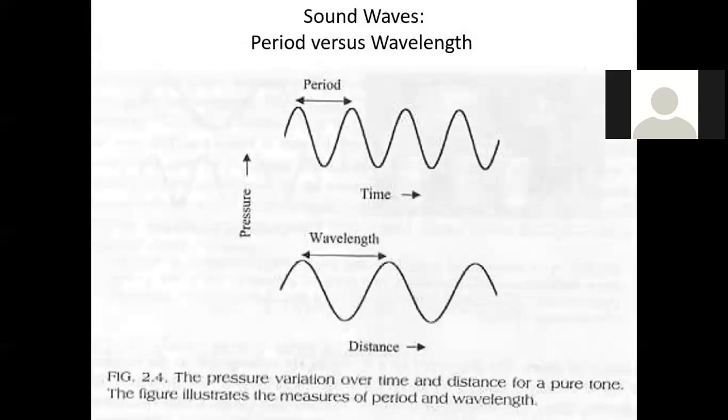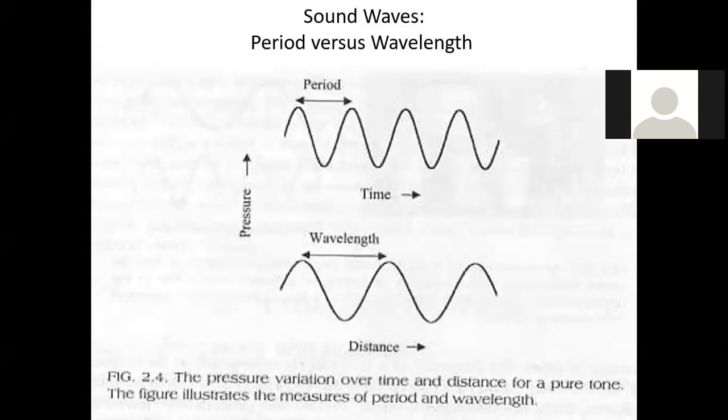So, sound waves, period versus wavelength. Okay? When you're looking at a sound wave, you can talk about 2 different things. You can talk about the horizontal being time, or you can talk about the horizontal being the length of the wave. And this gets us into our weird little formulas that we need to know for this course.